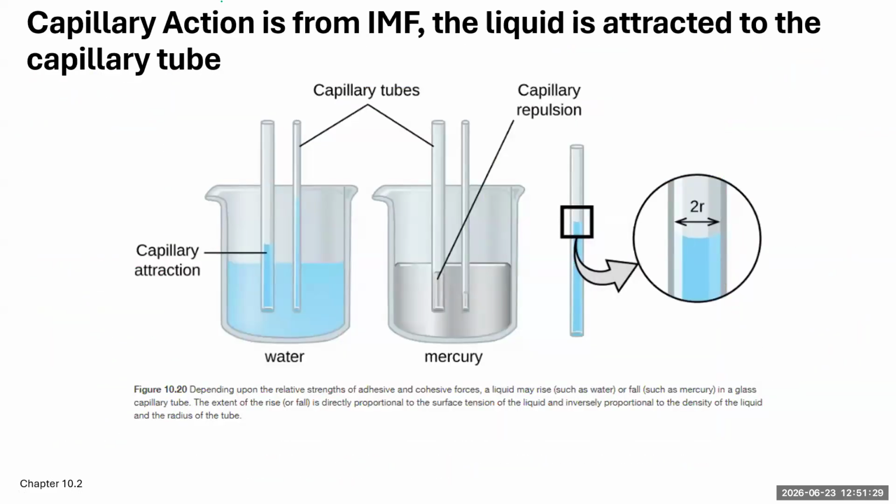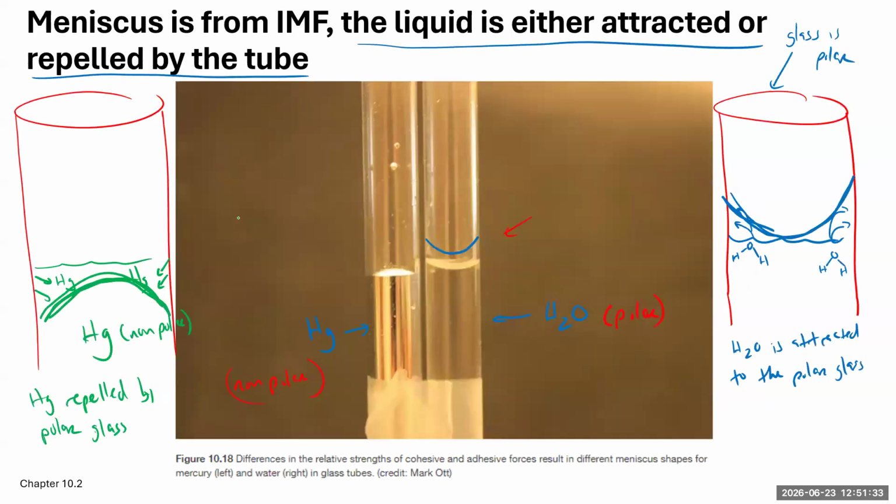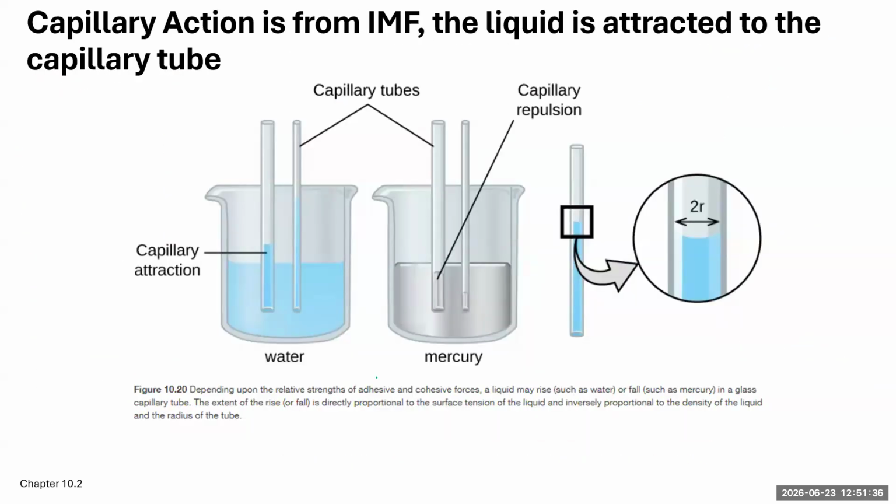All right. Last thing we do is something called capillary action. This is very similar to the meniscus. What happens is you have this, again, water is polar, mercury is non-polar. If you have something called, I think this is borosilicate glass or silicate-based glass, you have attractive forces.